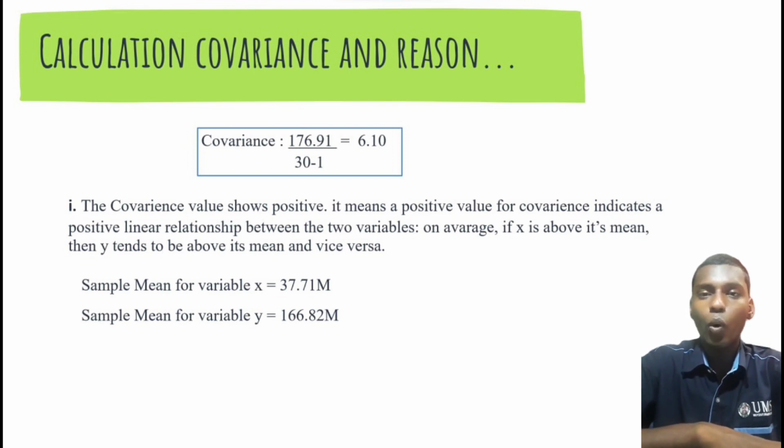The mean for variable x, which is visit, is 37.71 million. For purchase, it is 166.82 million.